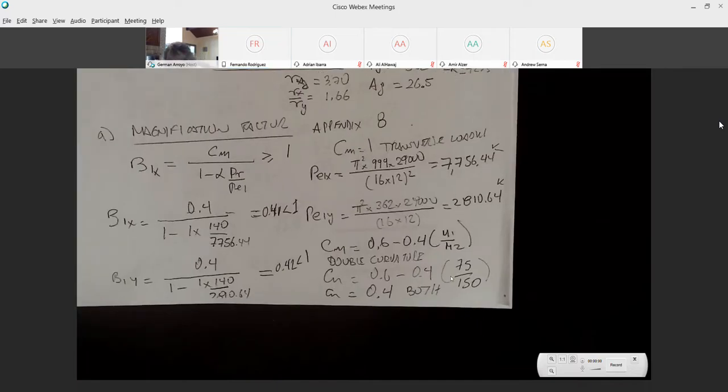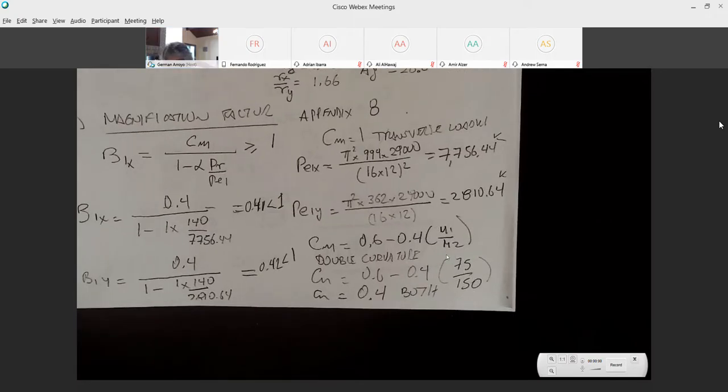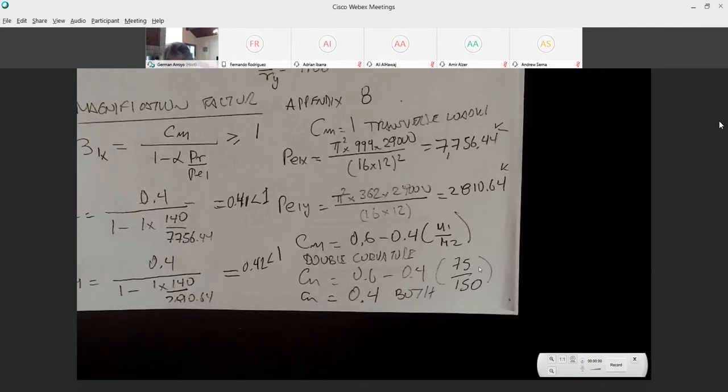This ratio, because it's double curvature, is going to be positive or negative according to the code, M1 over M2. It is positive.